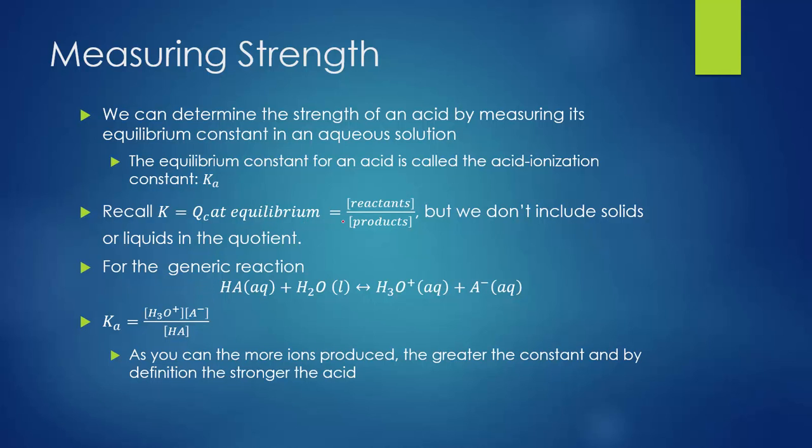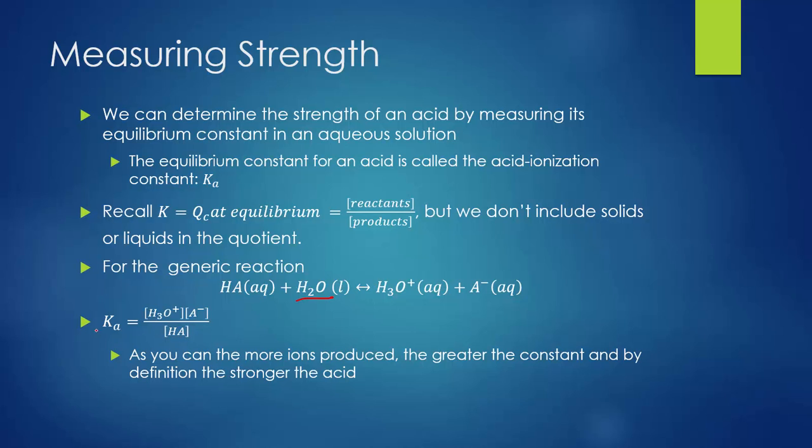But we can actually measure and determine the strength of an acid and a base by measuring its equilibrium constant in an aqueous solution. Remember, an equilibrium constant is just the reaction quotient at equilibrium. So that's the concentration of products divided by the concentration of reactants, but we don't include solids or liquids in the quotient, so because water is a liquid and it's the solvent, it has no concentration, we ignore it.